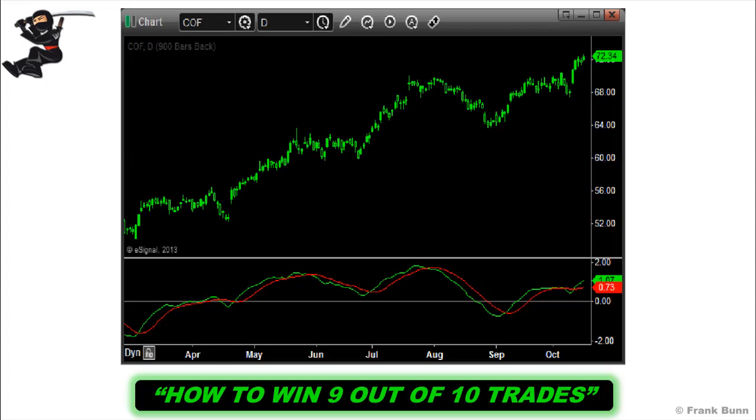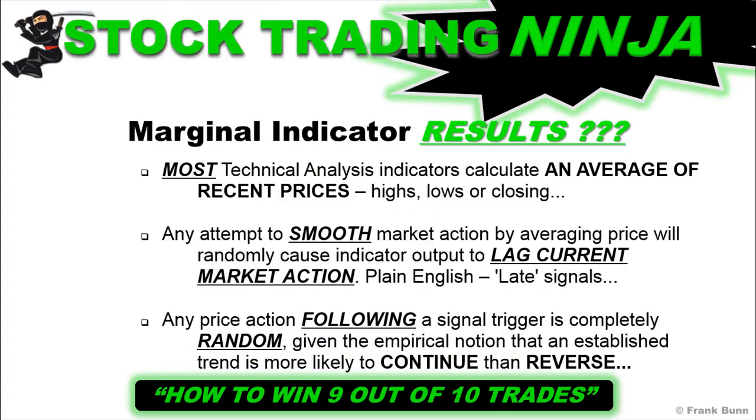But indicator signals themselves have a tendency to produce marginal results. Why? Well, it's a good question. Let's check it out. First, most technical analysis indicators calculate an average of recent prices, such as highs, lows, or closing prices. And any attempt to smooth market action by averaging price will randomly cause indicator output to lag current market action.